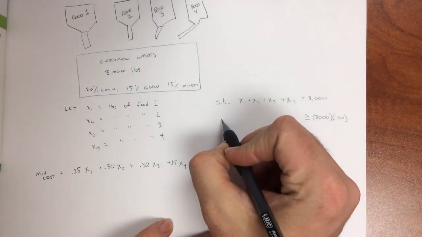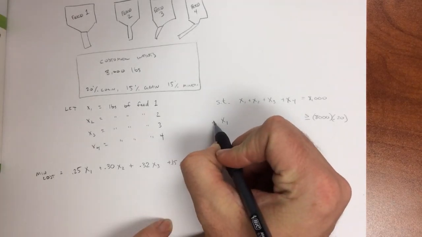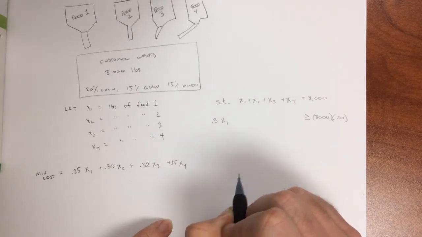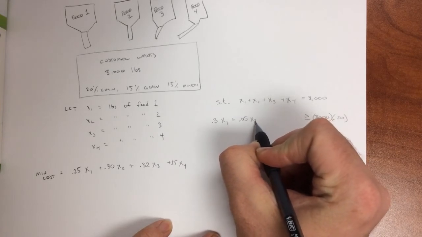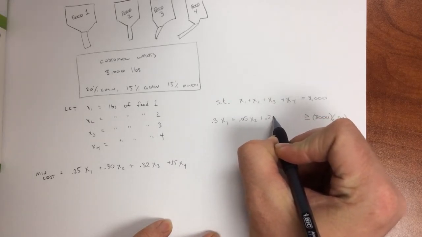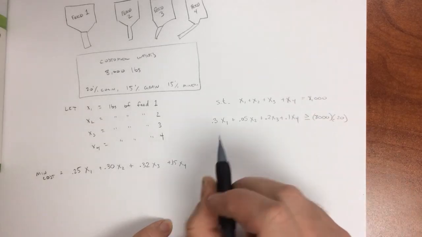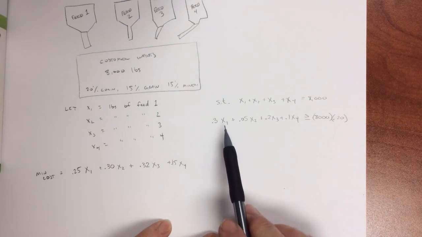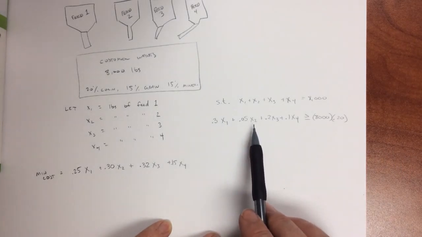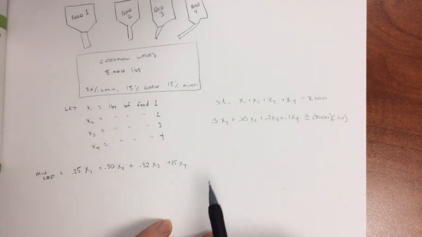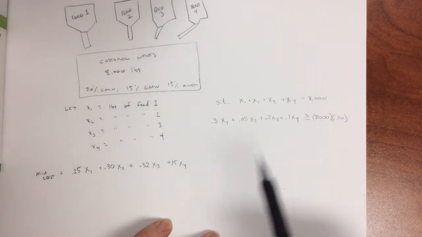If I use feed 1, for every pound of feed 1 I use, 30% of that is corn. For every pound of feed 2, 0.05 is corn, plus 0.2 X3, plus 0.1 X4. So if I use 10 pounds of each, that means 3 pounds of corn from feed 1, a half a pound from feed 2, 2 pounds from feed 3, and 1 pound from feed 4, so 6.5 total pounds.